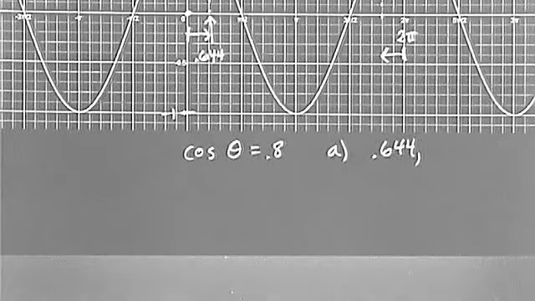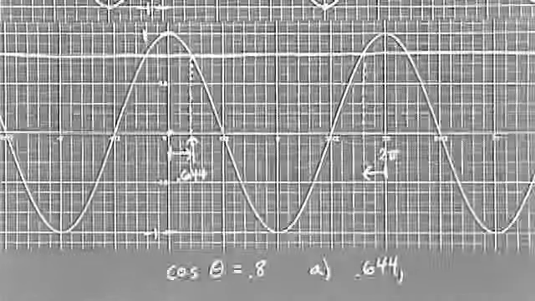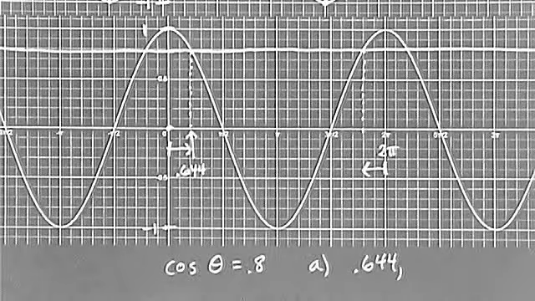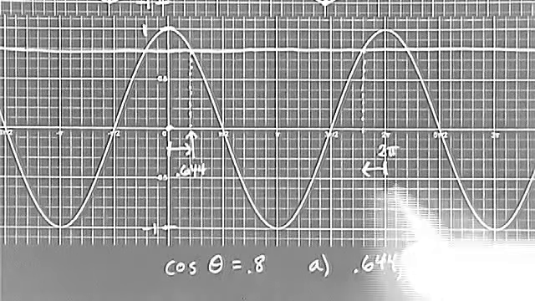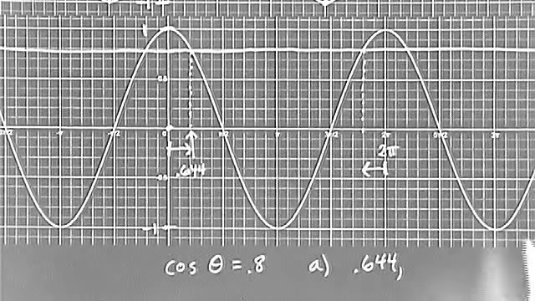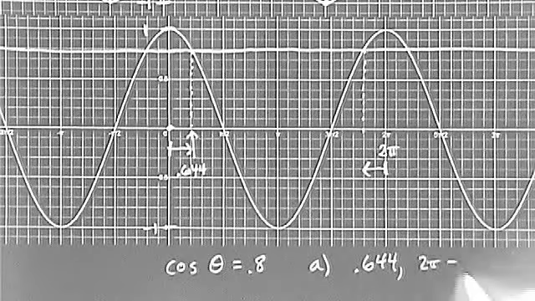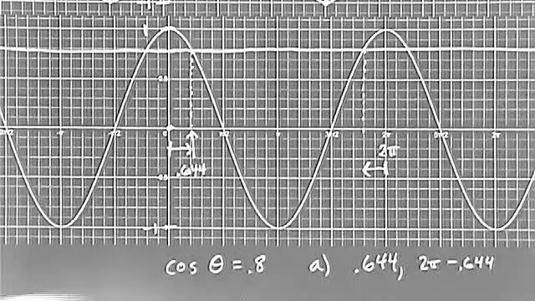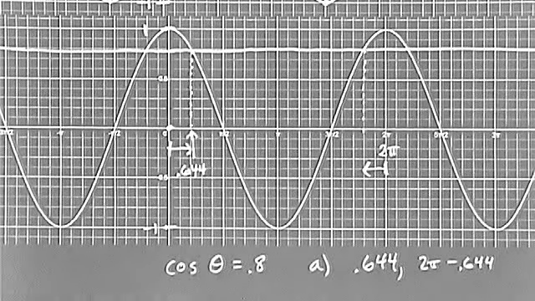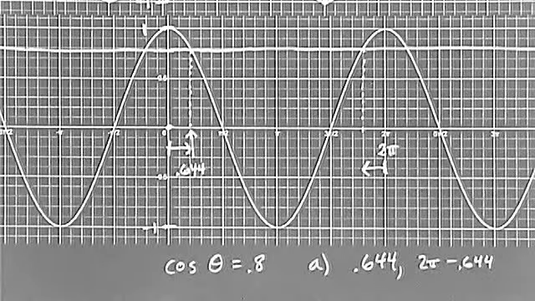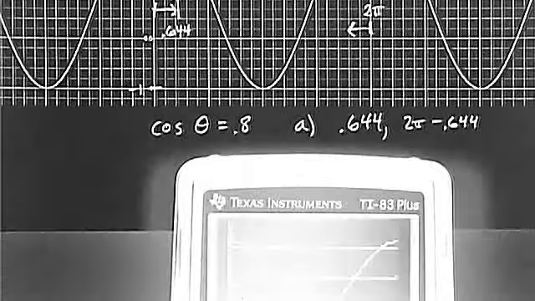Now, I bet I could write a question so that if I gave you one of the solutions, you would have to write the other solution as 2 pi minus 0.644. Now we can use a calculator to find that. It's not that difficult.